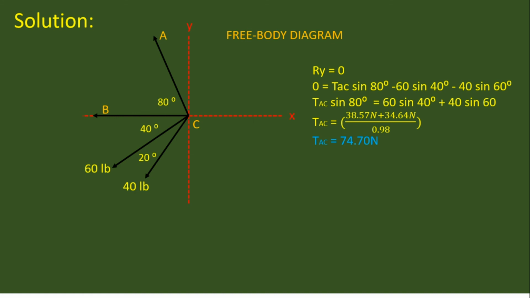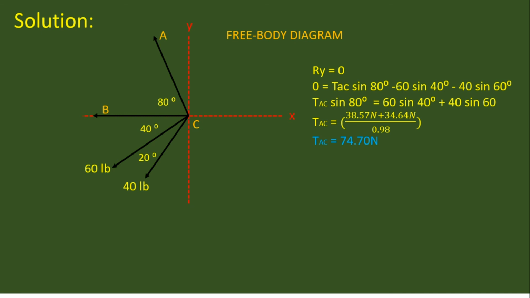So by that, we can now solve na yung resultant ng AC, 60 pound, saka 40 pound. Pag pinagsama-sama natin, yun yung BC na lalabas. So meaning yung X nung A, yung X nung 60 pound, saka X nung 40 pound, ay equal siya doon sa BC.